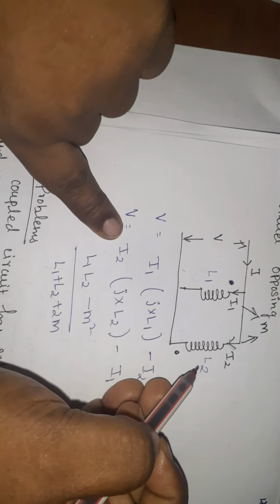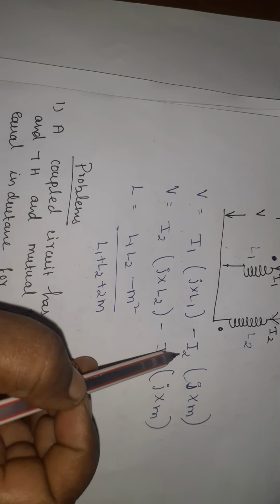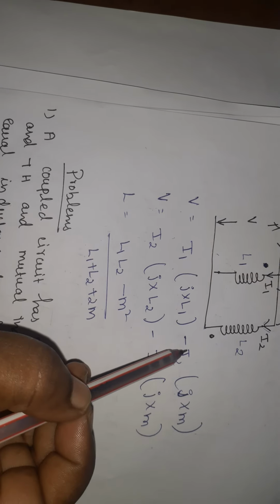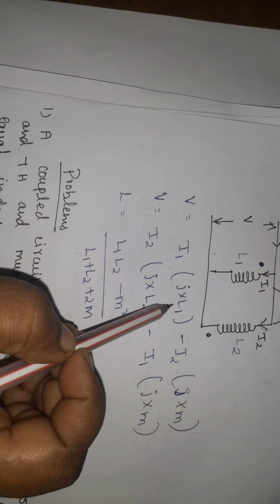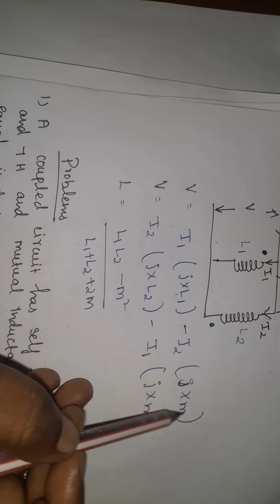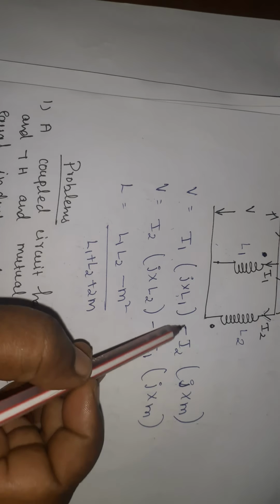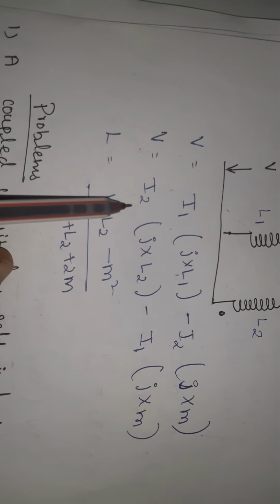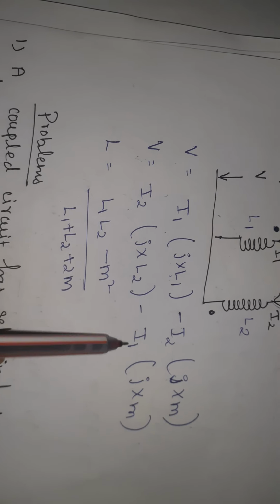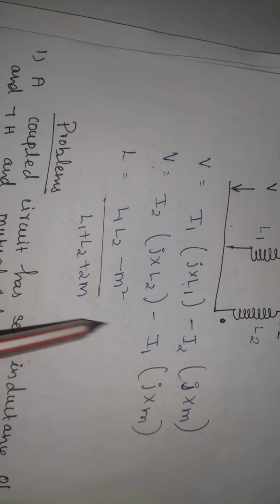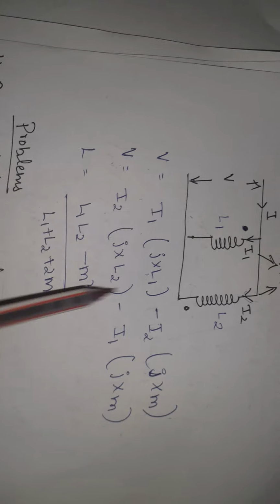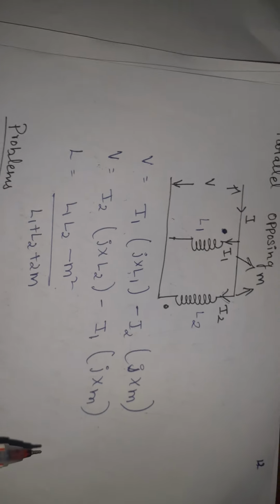So you get the opposite sign in these equations. You write the equations for coil 1 and coil 2: V is equal to I1 into jXL1 minus I2 jXM. You get the opposite sign, so L is positive and automatically the mutual inductance gets the opposite sign, meaning negative. So V is equal to I2 into jXL2 minus I1 jXM. Finally you get this equation for parallel opposing.